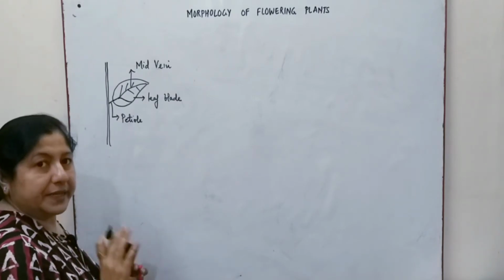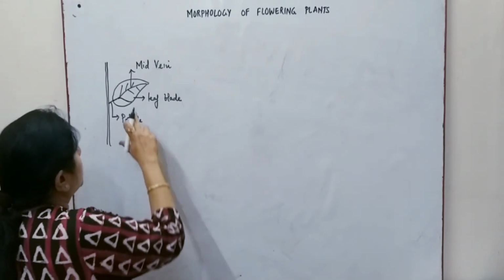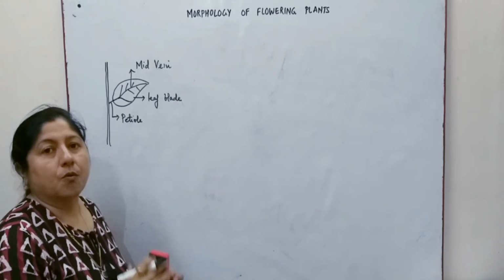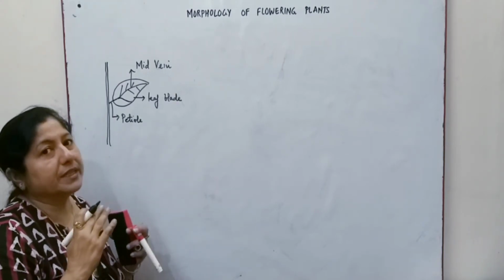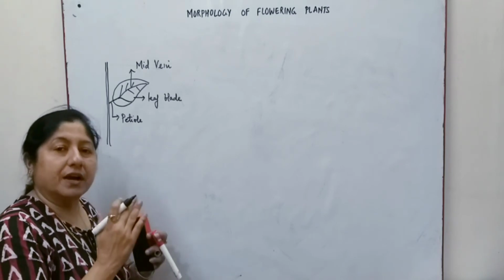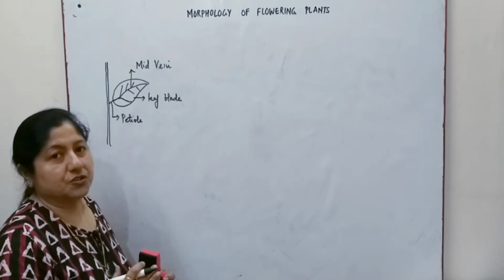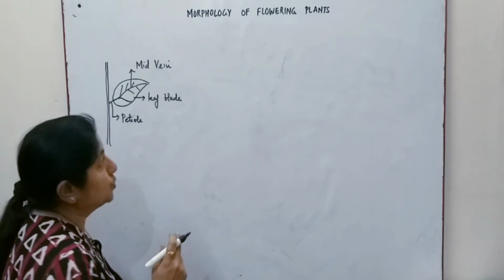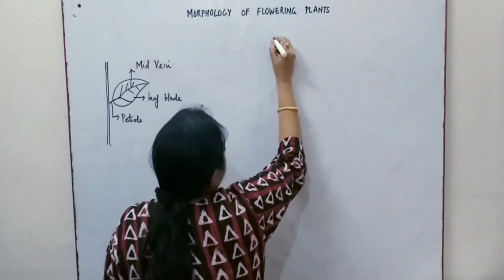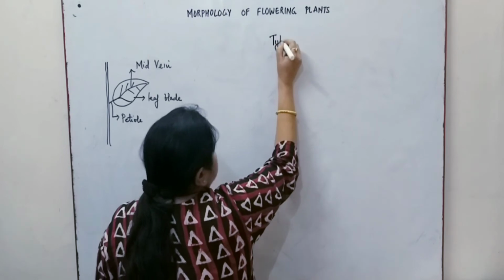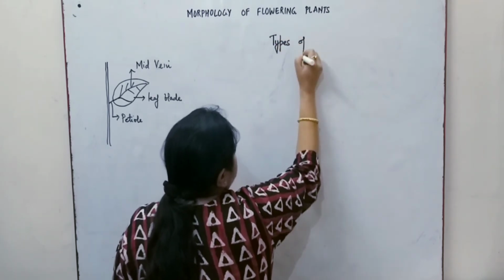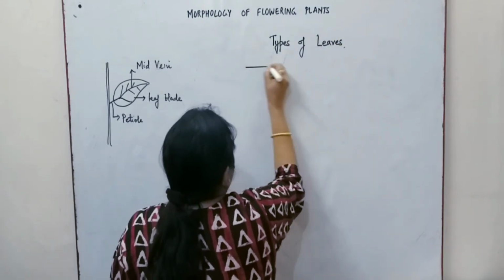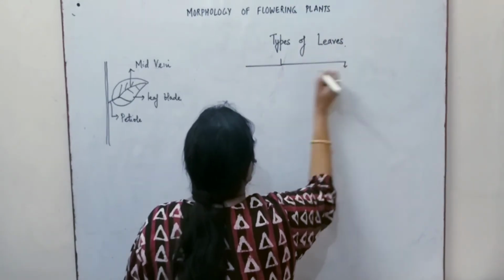Now, depending upon whether the leaf blade is entire or is showing incisions, and the arrangement of the type of incision, we are going to classify the leaves into two types majorly. So when we talk of the types of leaves, the leaves are of two types.